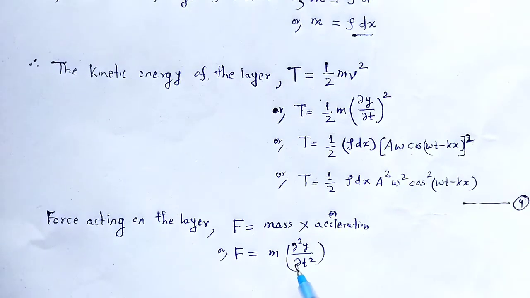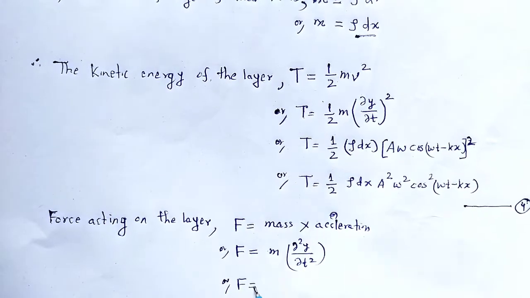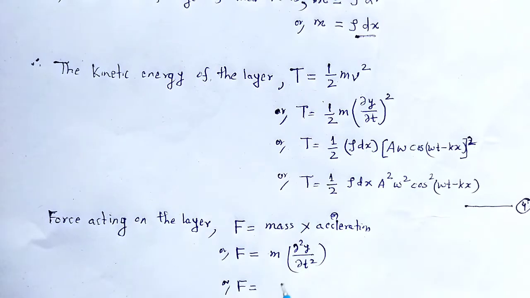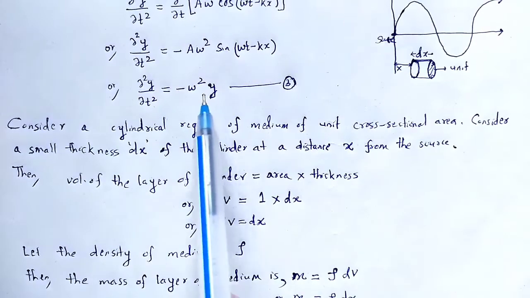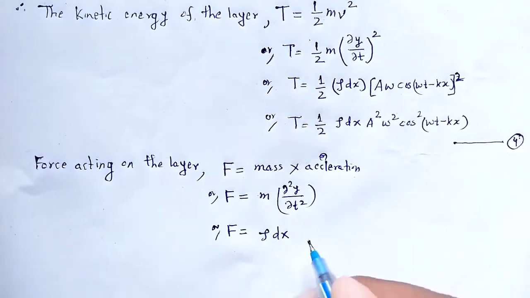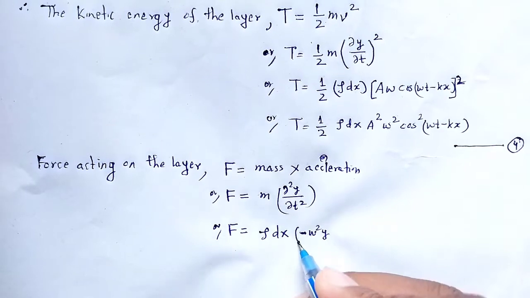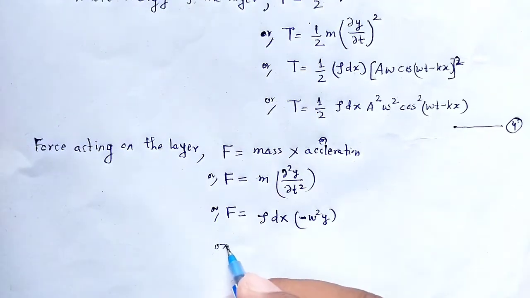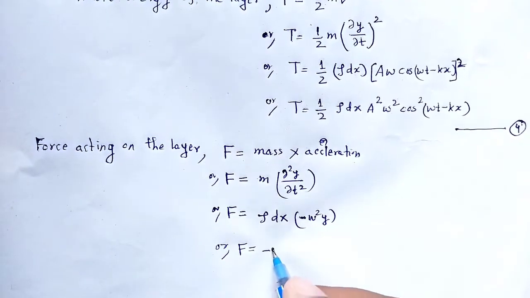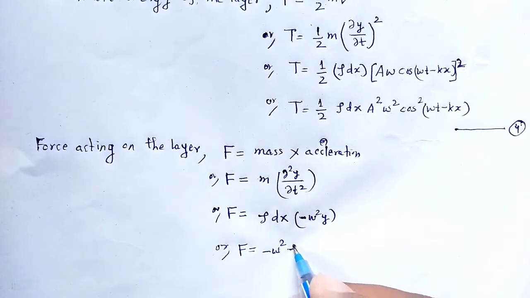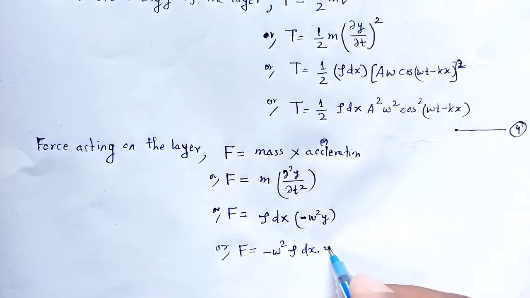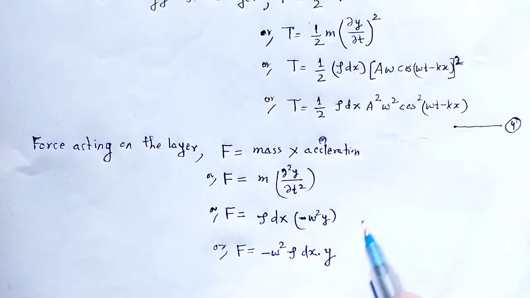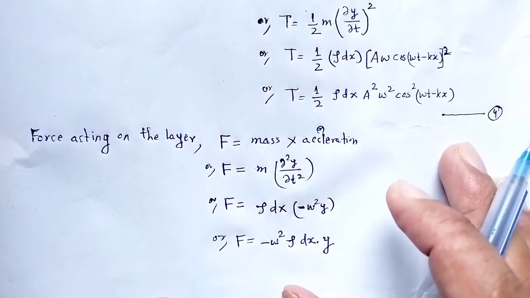The values of m and del square y by del t square are put here. So F is equal to the value of m, rho dx, times the second order differentiation of displacement, minus omega square y, which gives F is equal to minus omega square rho dx into y. That is the force acting on the layer.